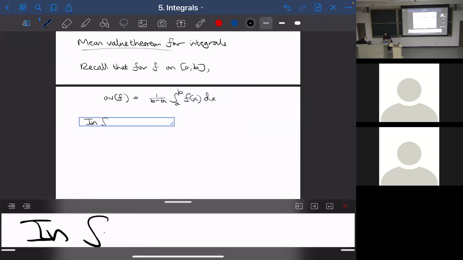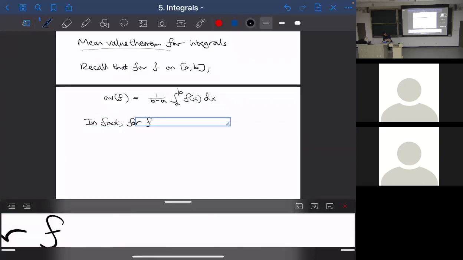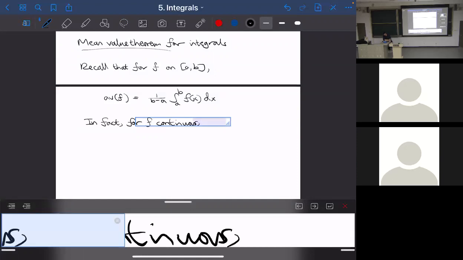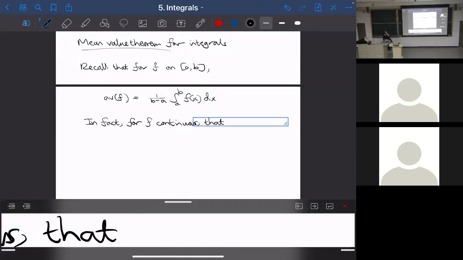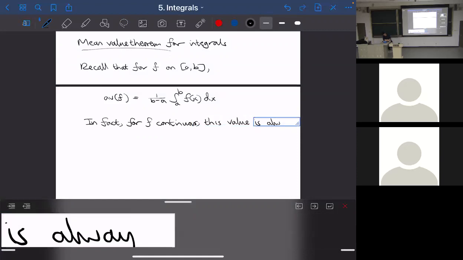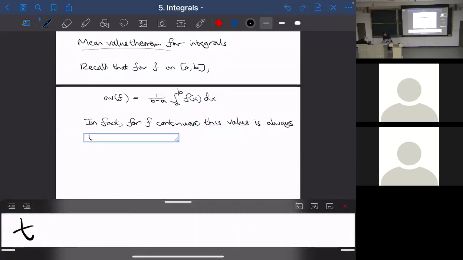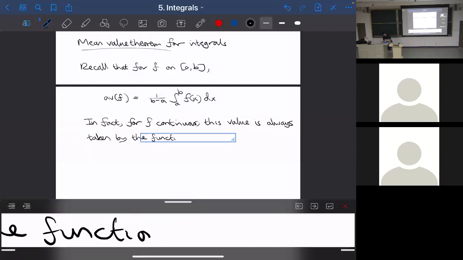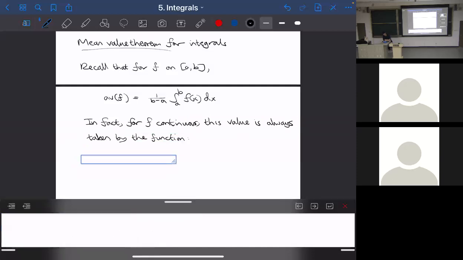And the mean value theorem says that, in fact, at least for f continuous, this value is always taken by the function. So what do I mean? Theorem.